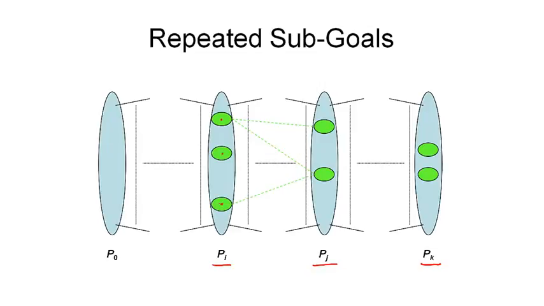So effectively what we do is remember the search states we have encountered and where we have failed. That is, each search state is a set of sub-goals in a specific proposition layer, and by remembering these search nodes we effectively do a graph search.